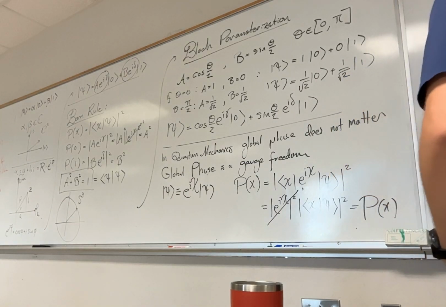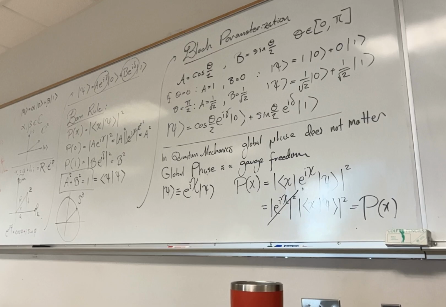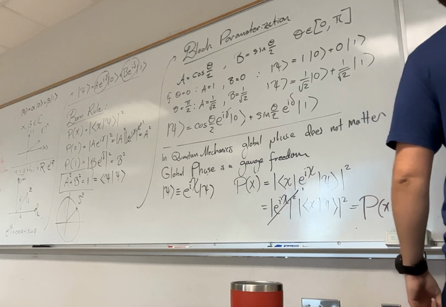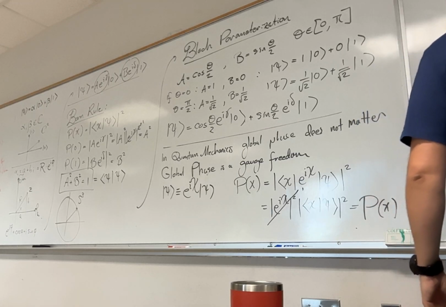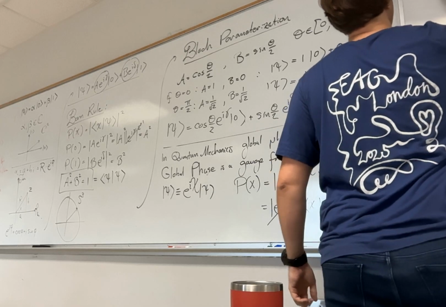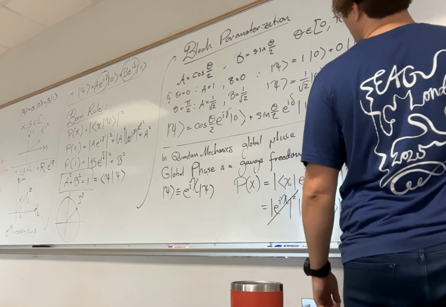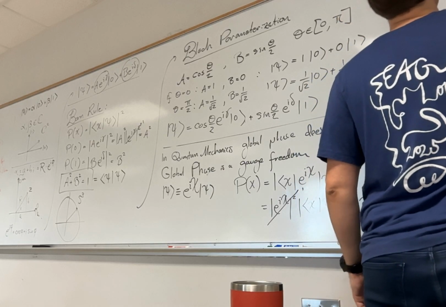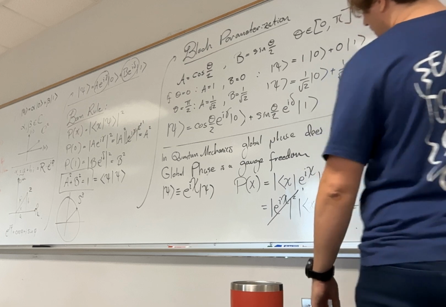This gauge terminology is good for us high energy physics people, but what we really mean is we're just going to choose a convention. So by convention, choose a phase such that, how do I want to write this?